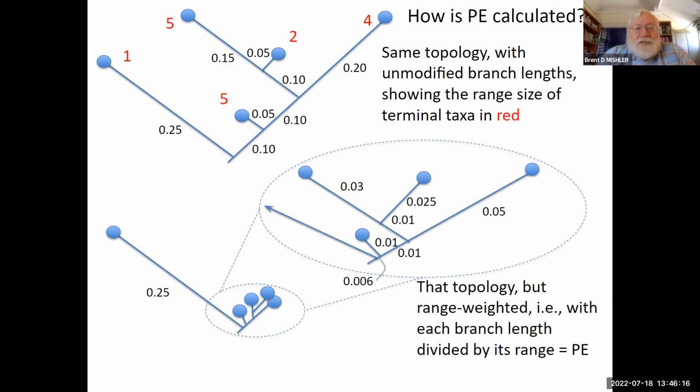And you can see the branch lengths on this new tree are the original branch length divided by its range size. This is what we call a range-weighted tree. So this is a different facet, has different branch lengths, but if you do PD on this range-weighted tree, you're going to get this measure that's called phylogenetic endemism. One more click. So PE is PD on a range-weighted tree.